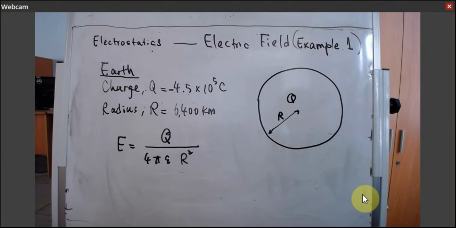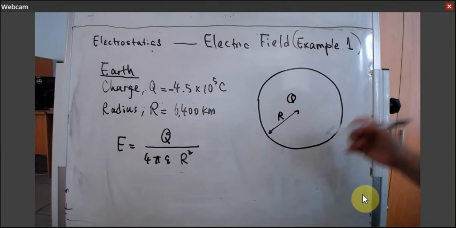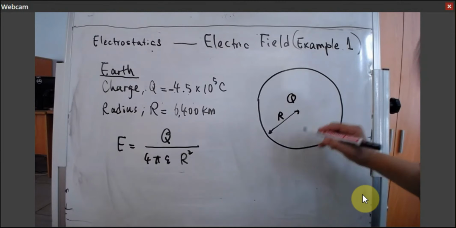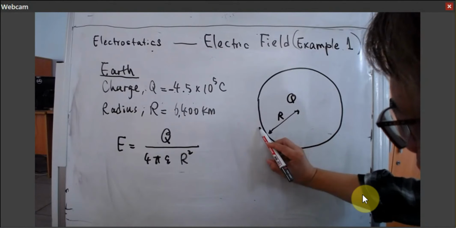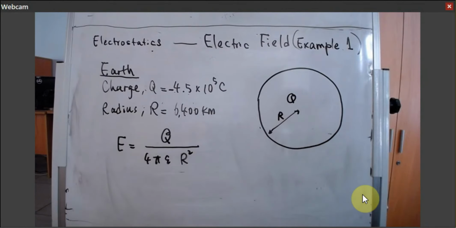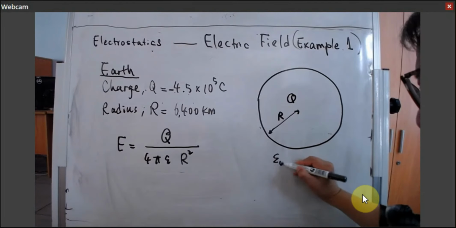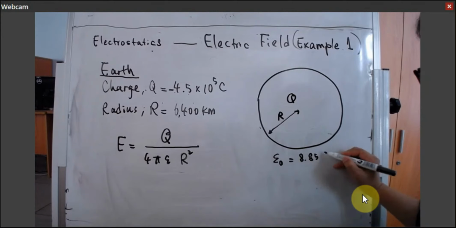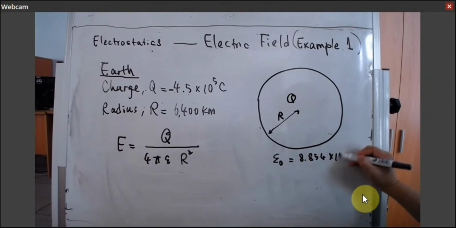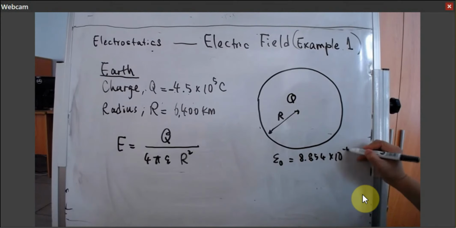But that doesn't matter, because we are going to detect the electric field on the surface of the Earth. So the value of epsilon is going to be epsilon naught, 8.854 times 10 to the power minus 12.